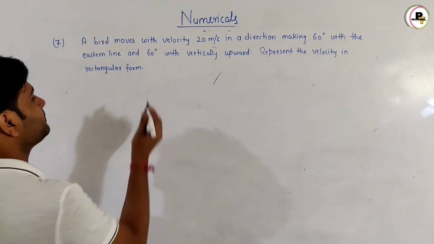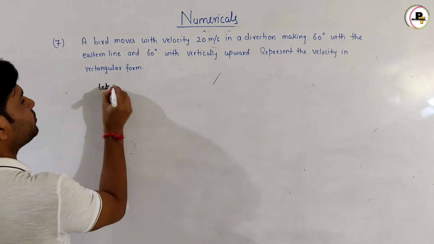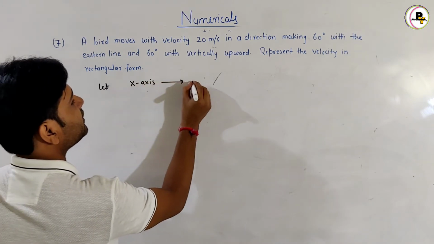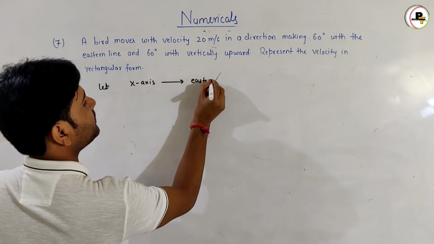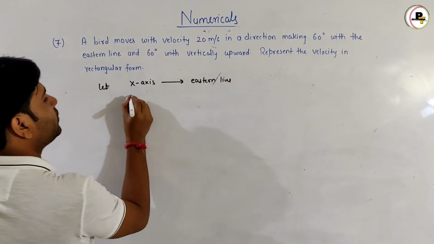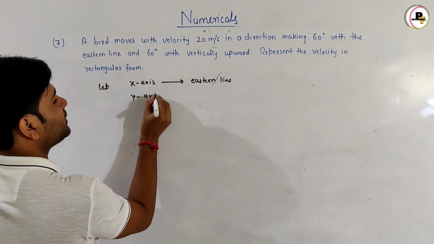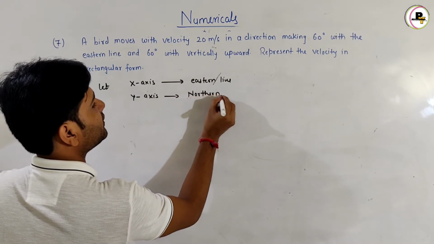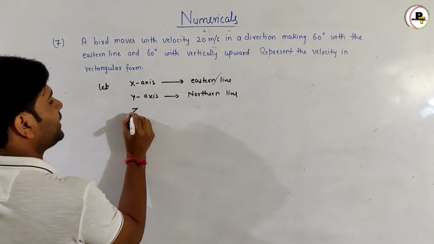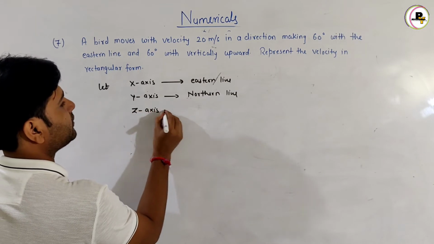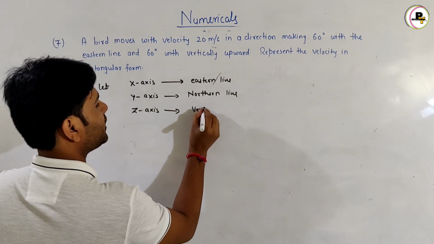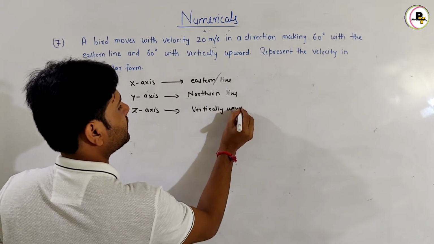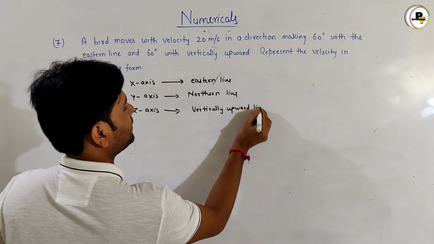So first of all, I will assume let x axis represents eastern line, y axis represents northern line, and z axis represents vertically upward line.